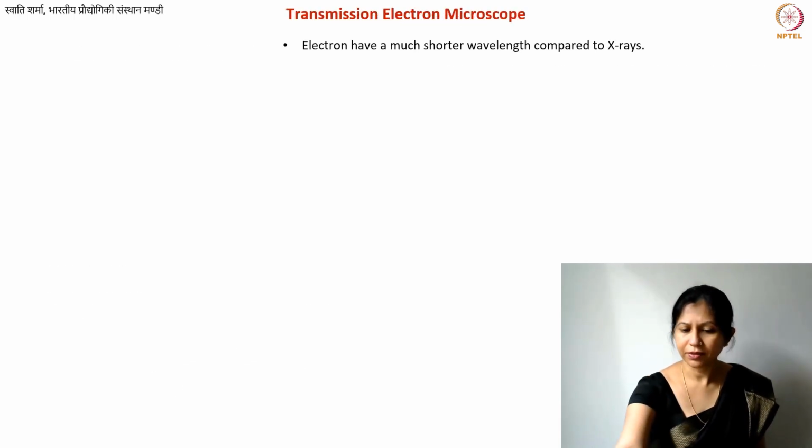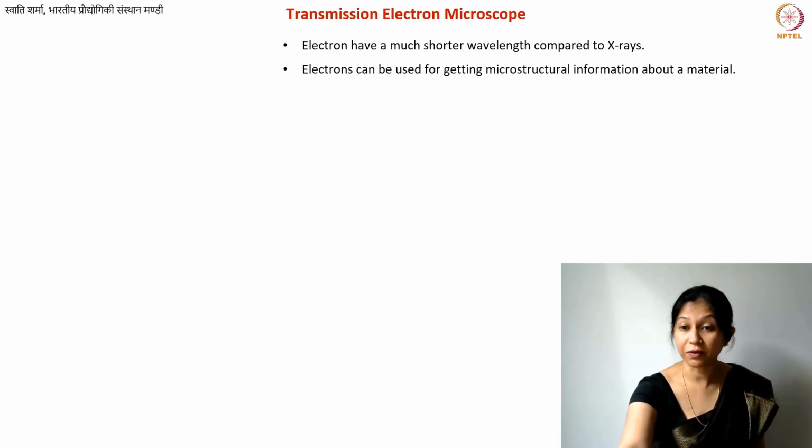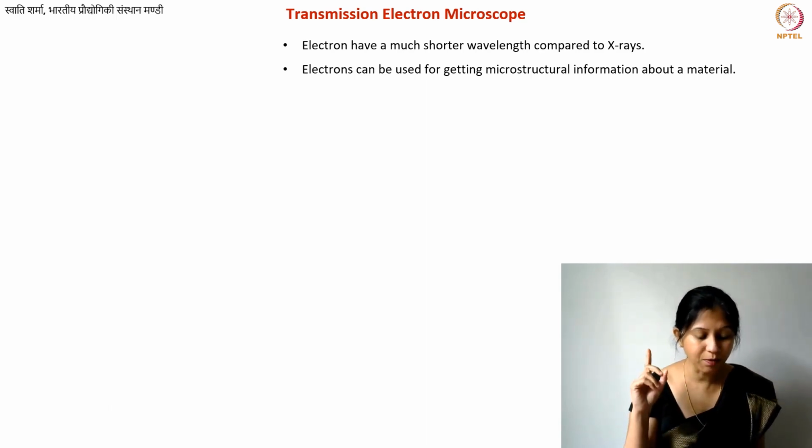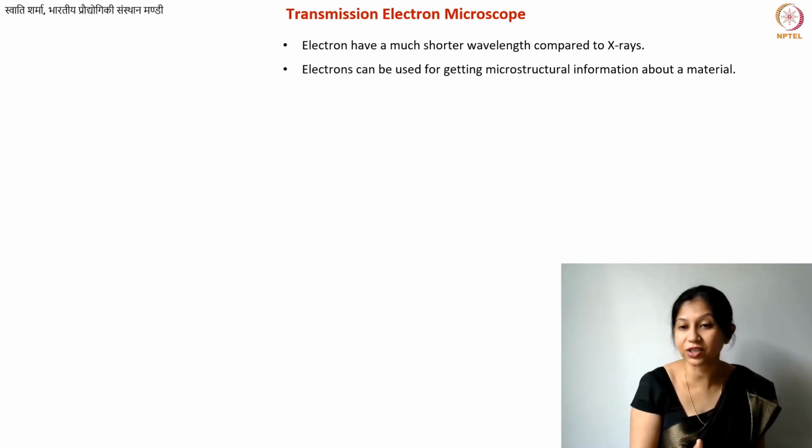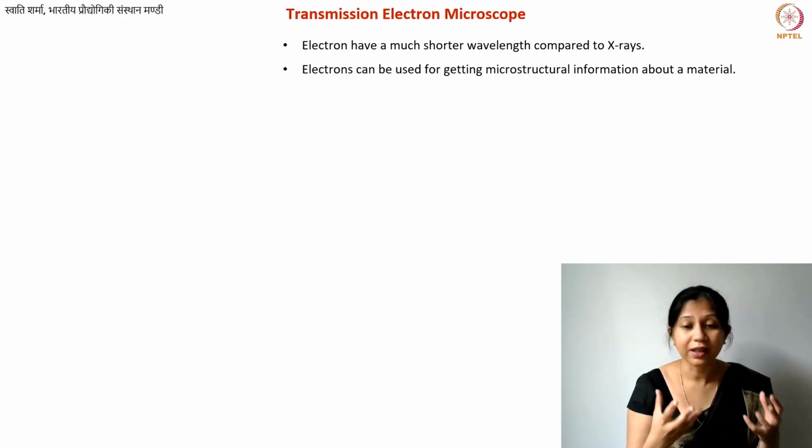I already said this: you have much shorter wavelengths than X-rays. Electrons, therefore, are used for getting microstructural information. Remember that we are talking about microstructural information, not crystal information, although microstructural information does contain the crystal structure, and you can also see the defects and the residual stress inside your material.